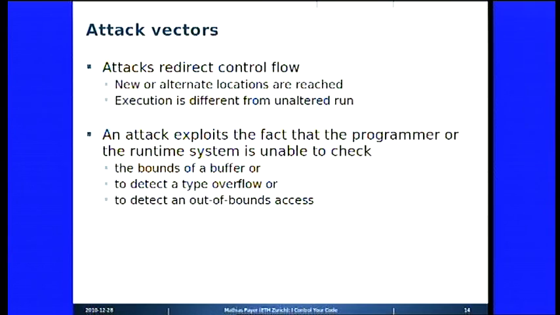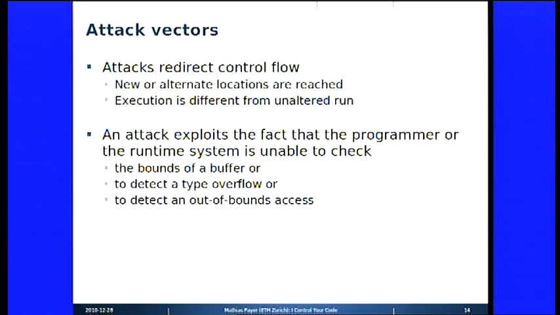All the attack vectors that we will discuss today redirect control flow in one way or another. New or alternate locations of code are reached that would not be executed in an unaltered run. So we either inject new code, we alter the control flow to new code, or we do some other fancy computation that changes the program in one way or another.